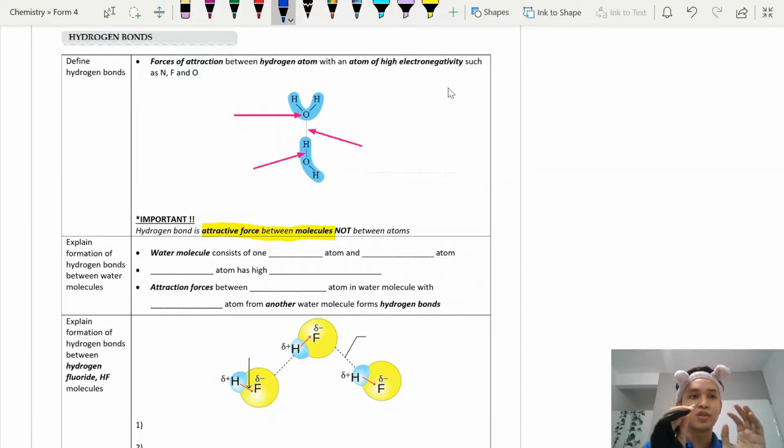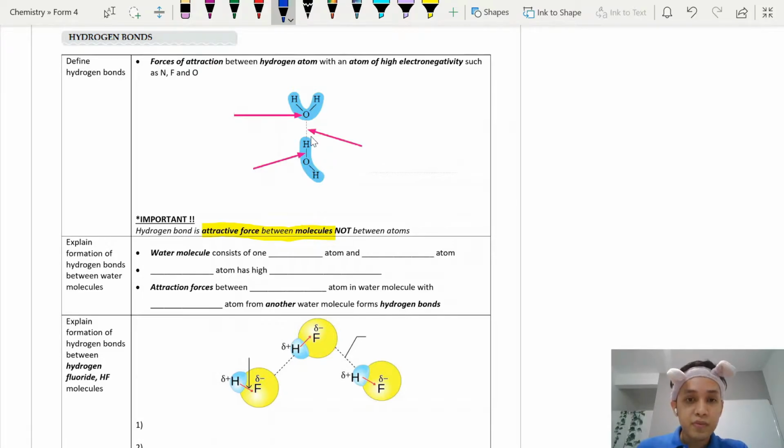Normally your hydrogen bond and your van der Waals forces are always compared with each other, in terms of their strength and also their melting point and boiling point. So we need to remember this. That's why we say that hydrogen bonds are a type of attractive force.